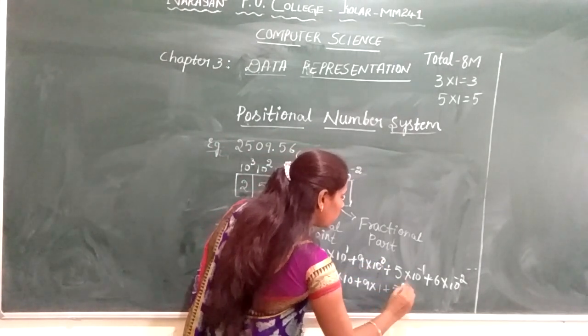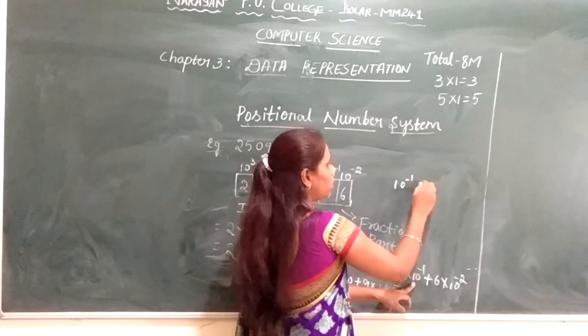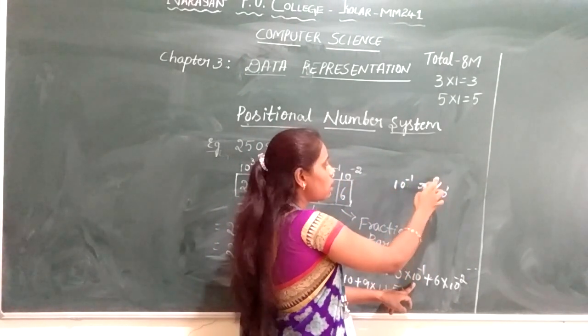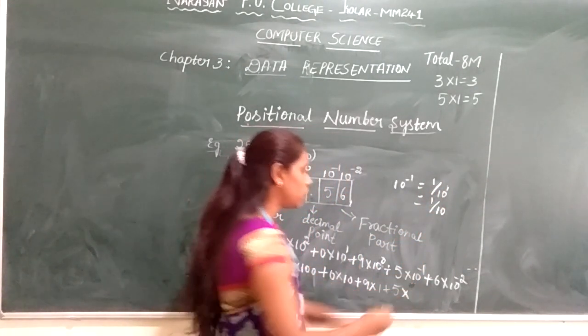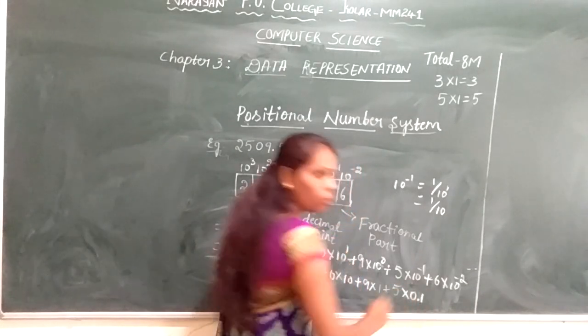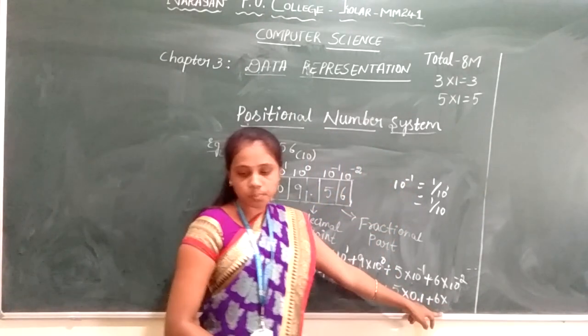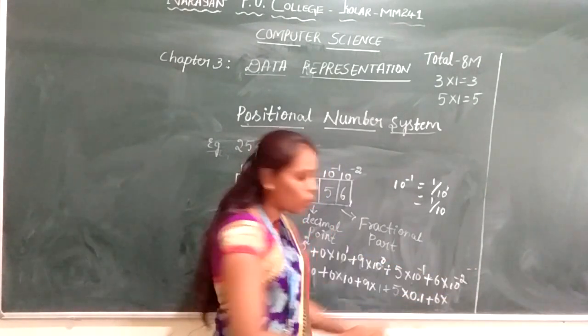Plus 5 into 10 power -1. 10 power -1 can be written as 1 divided by 10 power 1, so dividing 1 by 10 gives the value 0.1. Plus 6 into 10 power -2. 10 power -2 is 0.01.